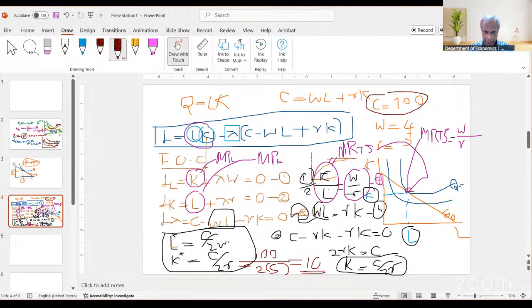Similarly, you can find the number of labors, which means 100 divided by 2 multiplied by 4, that is 8.